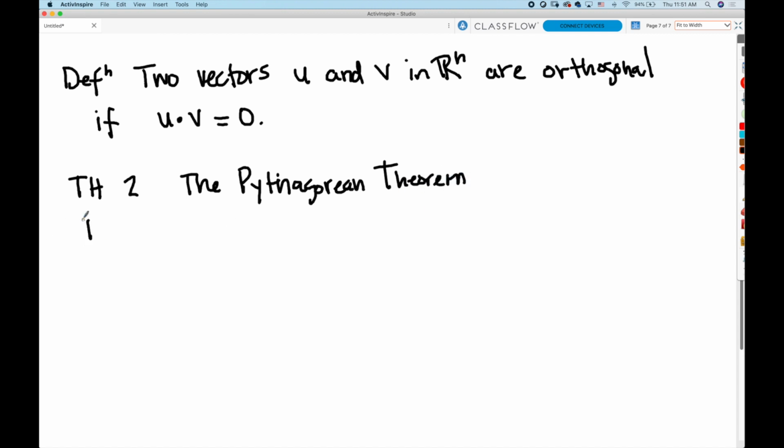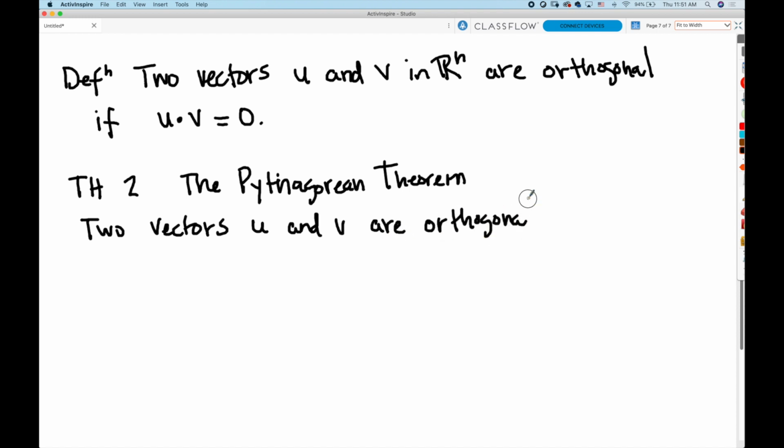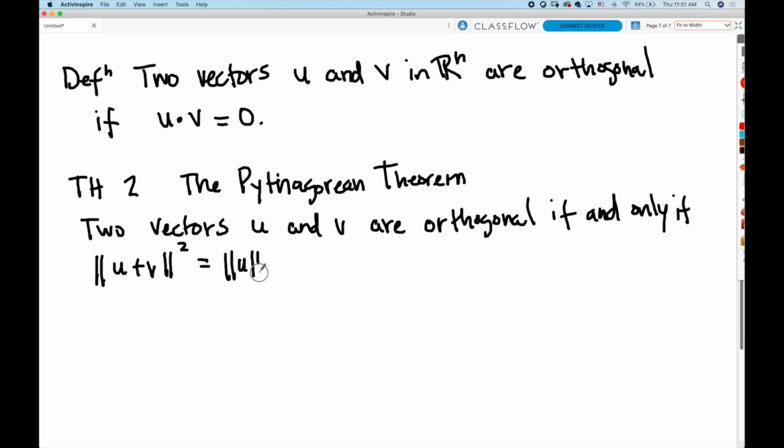Two vectors u and v are orthogonal if and only if the length of u plus v, squared, is equal to the length of u squared plus the length of v squared.